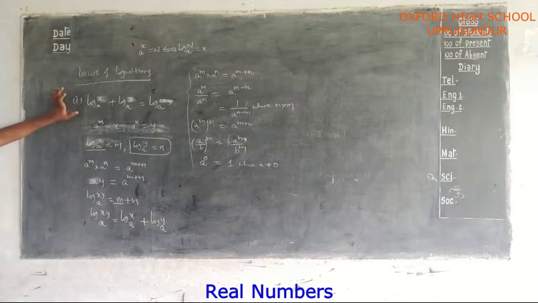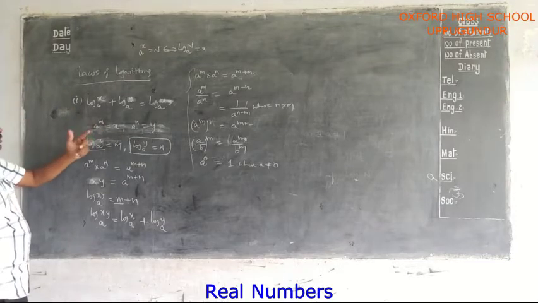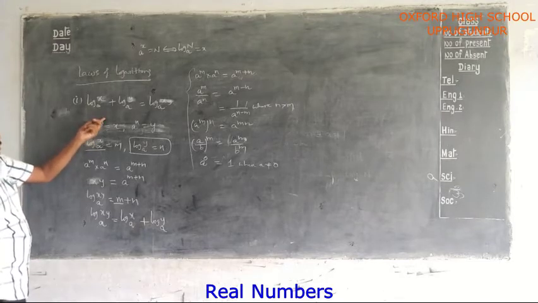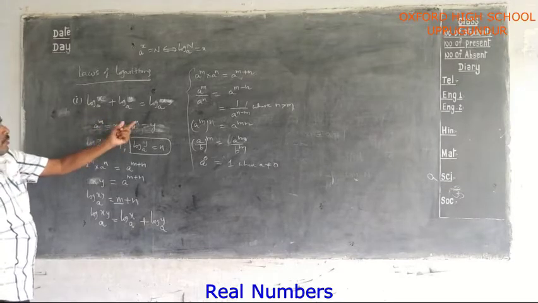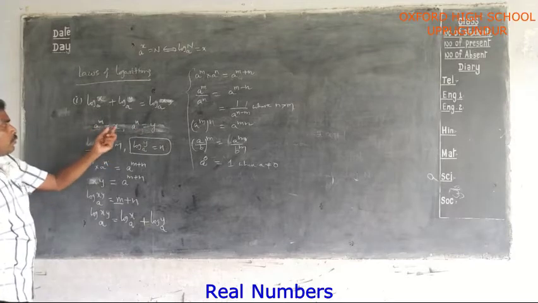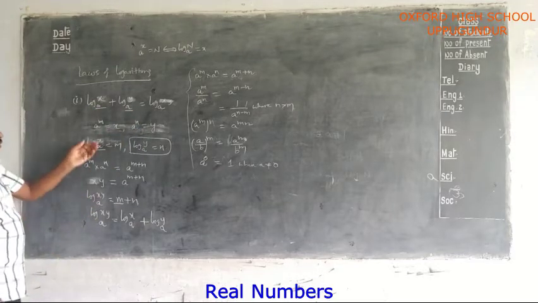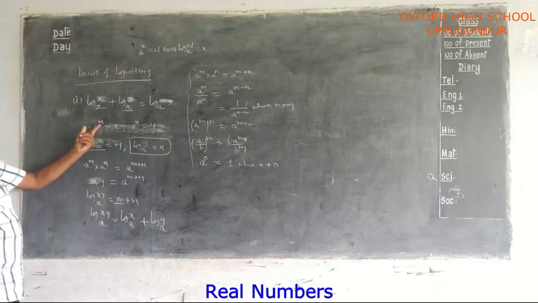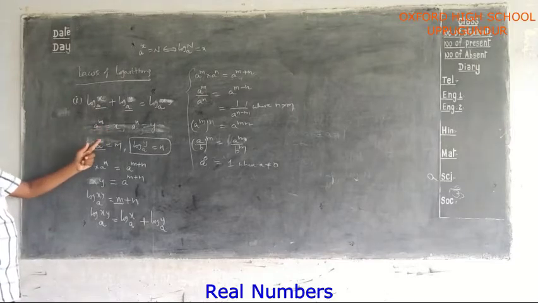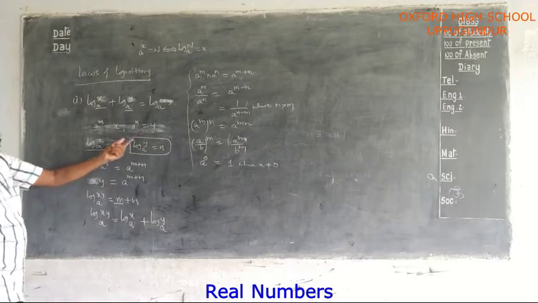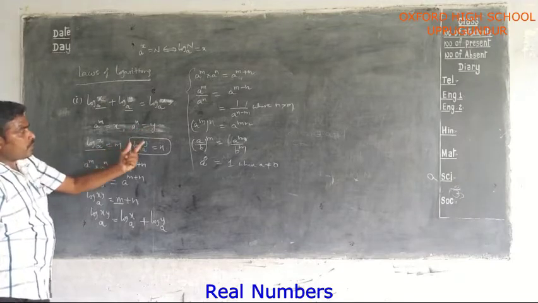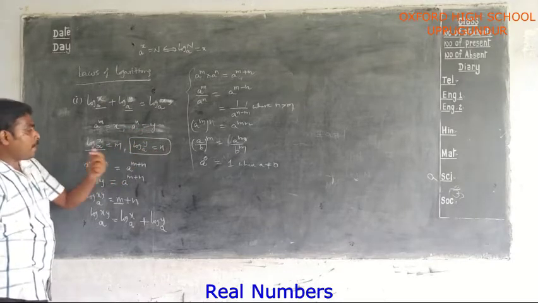To prove this first law of logarithms, first we have to assume a power m equal to x, a power some value equal to x, and a power another value equal to y. Both have the same base a. So the logarithmic form of a power m equal to x is log x to the base a equal to m. Similarly, a power n equal to y means log y to the base a equal to n.